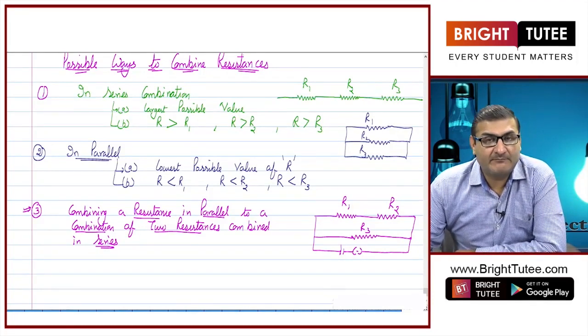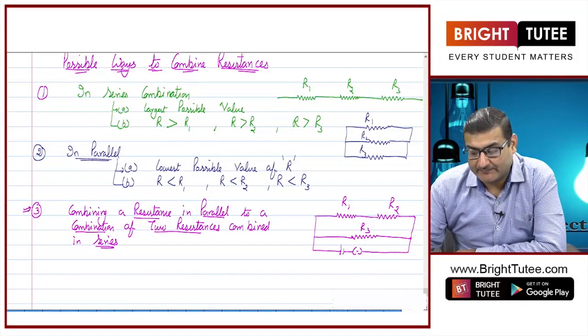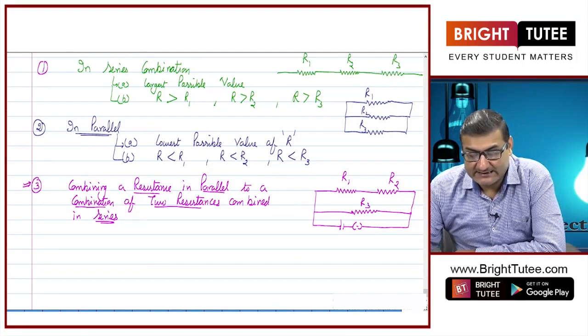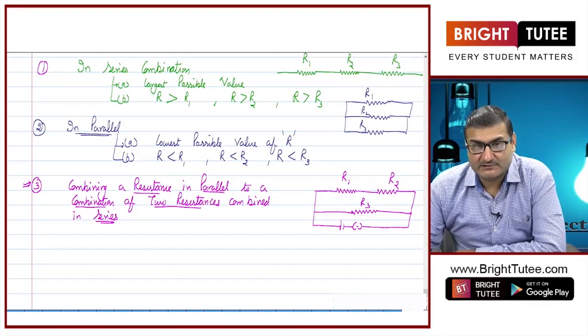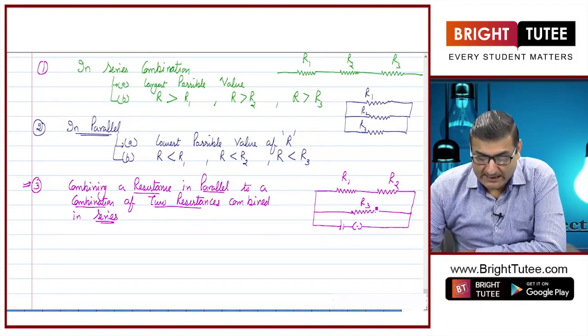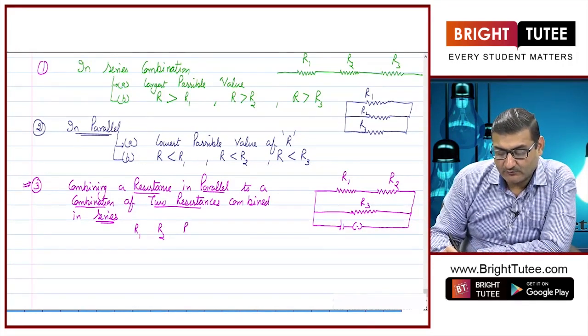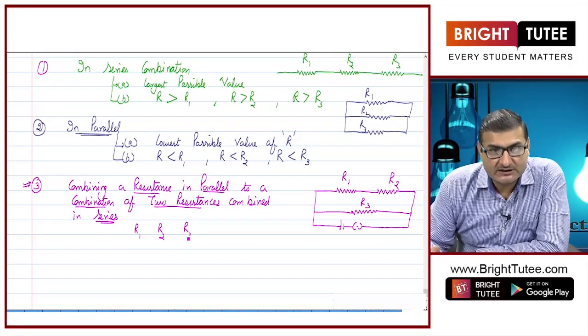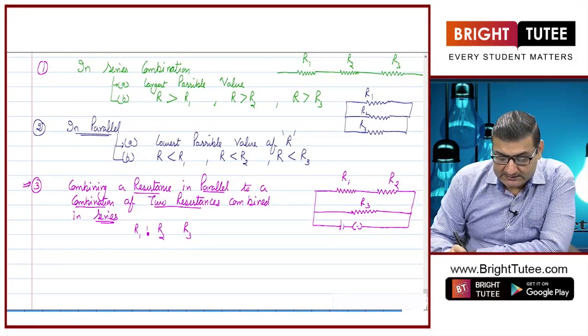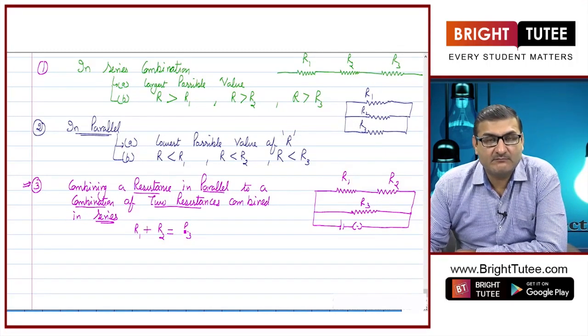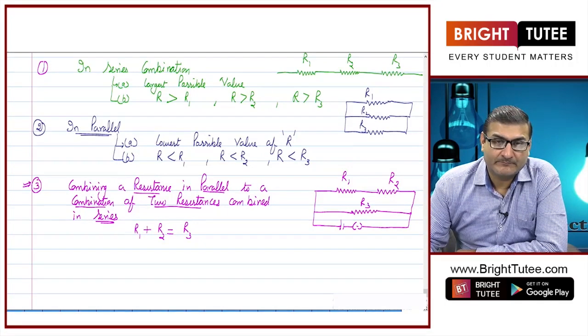Very, very, very important, students, try to understand what I am relating. We will use this type of combination when there are certain reasons or certain tips for using it. If I am given three resistances R1, R2 and R3 such that the sum of two resistances is equal to the third.